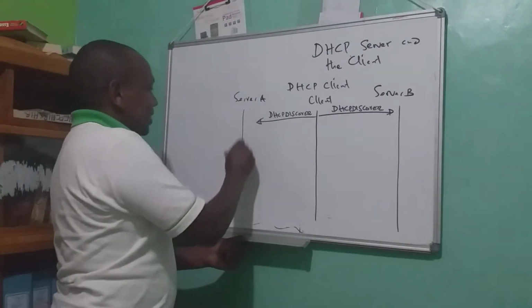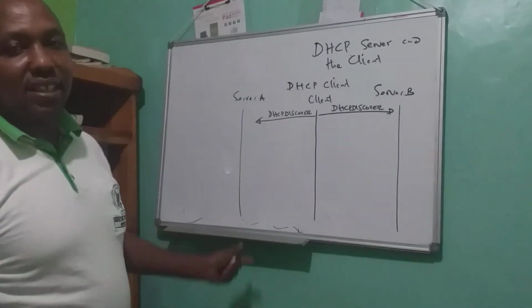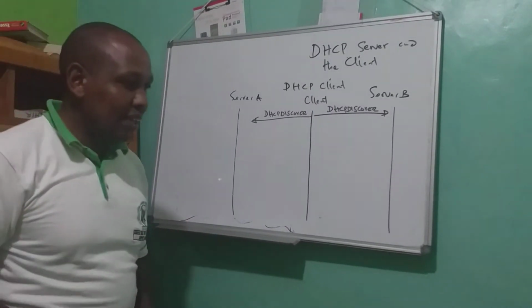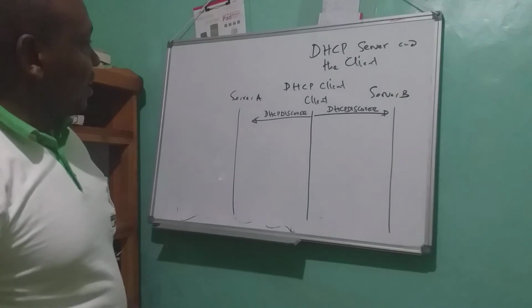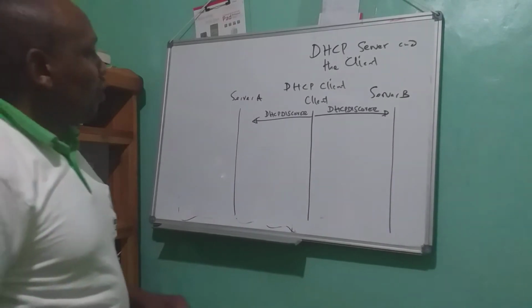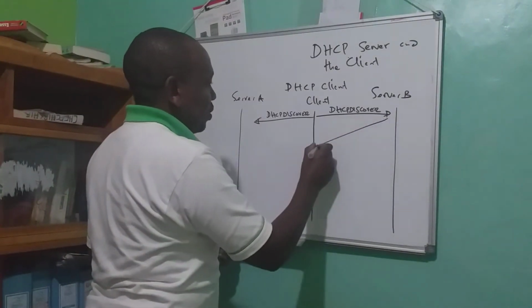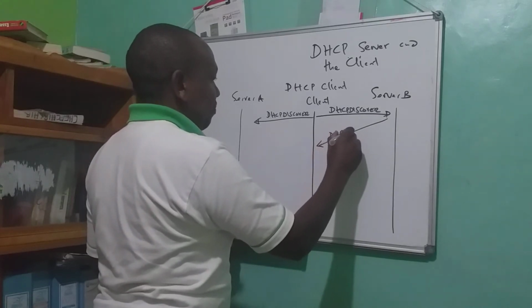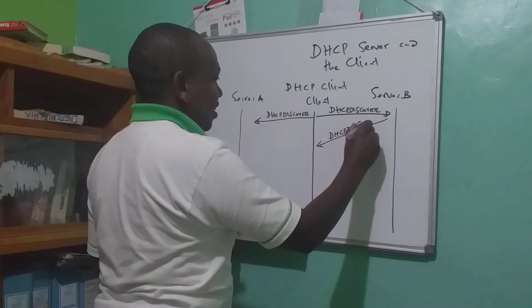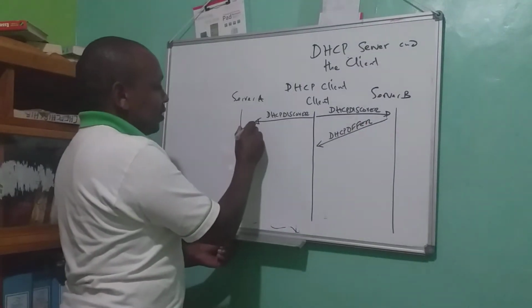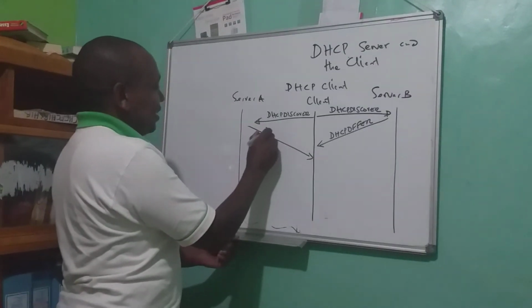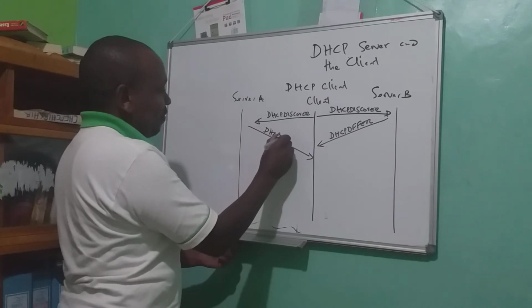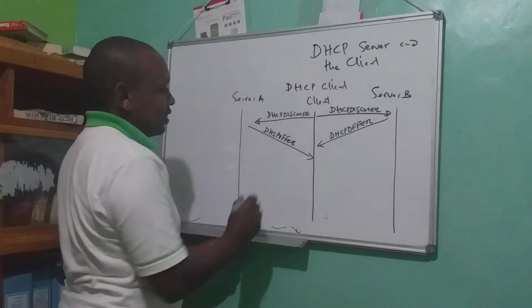All the servers in the local area network will receive that message. The servers will respond to this message with DHCP offer. This one will also respond with a DHCP offer message.